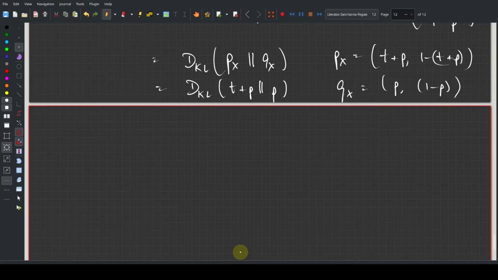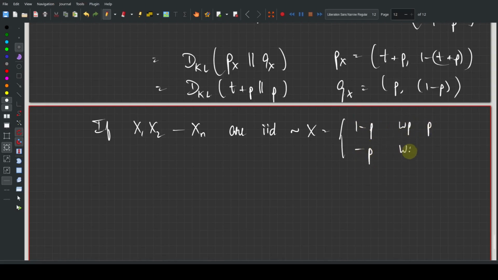Okay, so what does this tell me about the empirical mean of IID Bernoulli p random variables, or IID distributed according to X, which is 1 minus p with probability p and minus p with probability 1 minus p? What can I say about this?